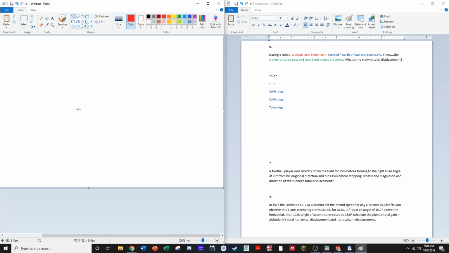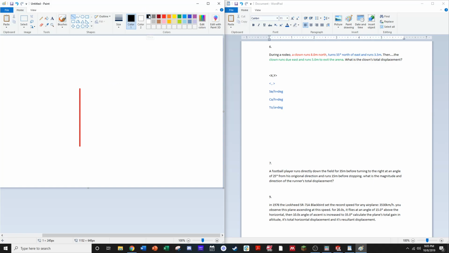So over here on the left side of the screen, I'm going to draw this diagram. He runs 8.0 meters north, and this is mapped to size. Now we're going to run 3.5 meters north of east.